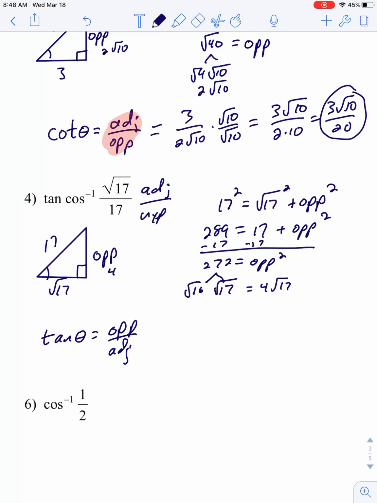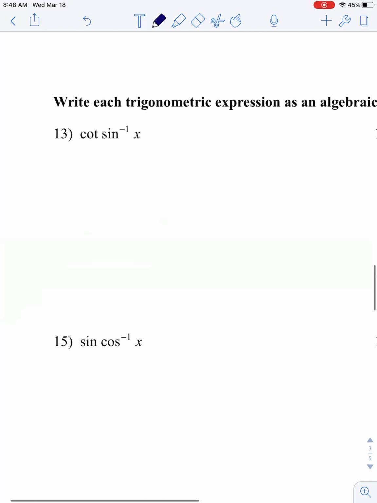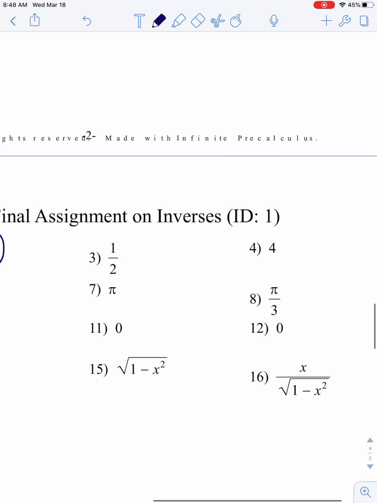So our opposite is 4 radical 17. So now we can create an answer out of this, opposite over adjacent, 4 radical 17 over radical 17, and those 17s just cancel, and we end up with 4. So the answer to number 4 is 4. So let me scroll down and double check, and there it is.